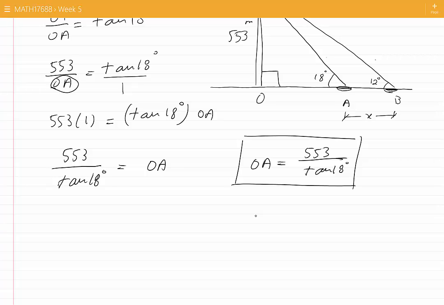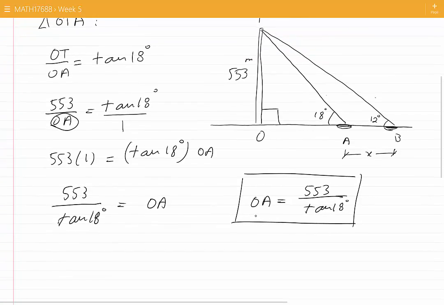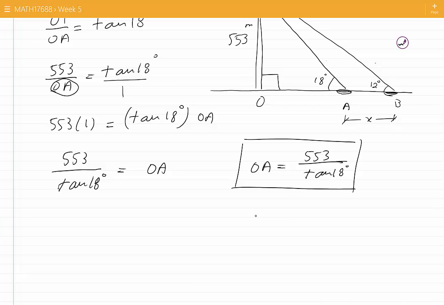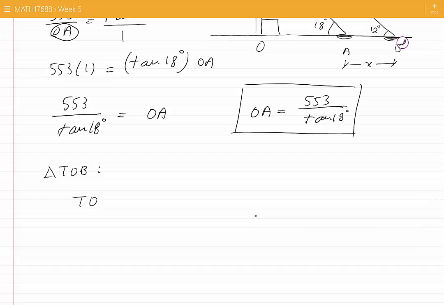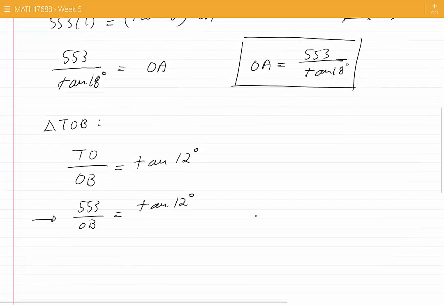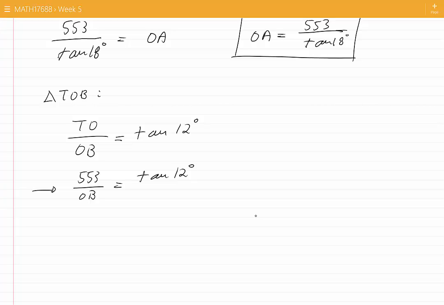In the same way, I can calculate OB. If we look at the triangle TOB, which is a right angle triangle, we can write TO divided by OB is equal to tangent of 12 degrees. But we know that TO is 553 meters, so 553 divided by OB is tangent of 12 degrees. This equation has one unknown which we can solve for.